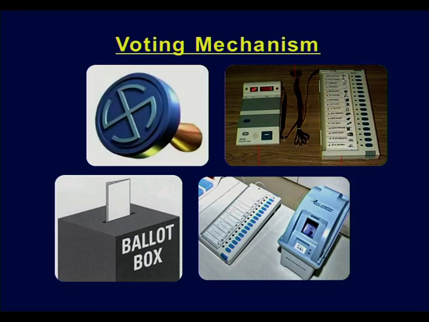See children, in this voting mechanism, previously the swastik mark stamp was used to be stamped on the ballot paper, and the ballot papers would be dropped in the ballot box. You can see the picture of the EVM, electronic voting machine. But recently the new system of electronic voting machine with the VVPAT is displayed.